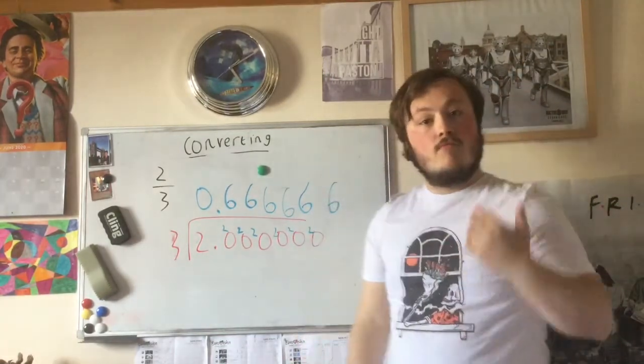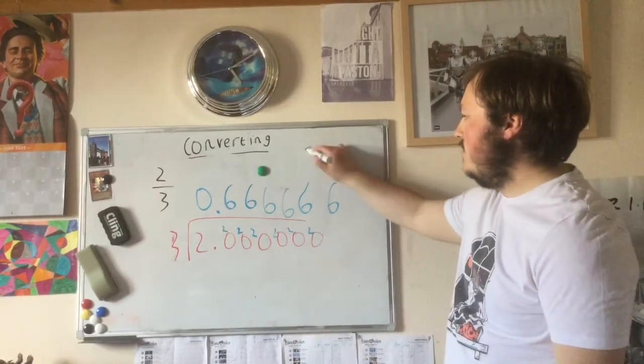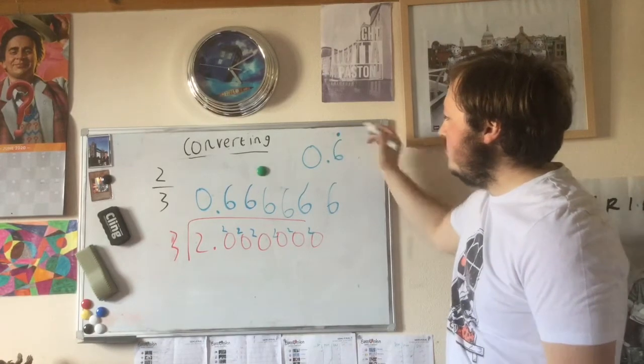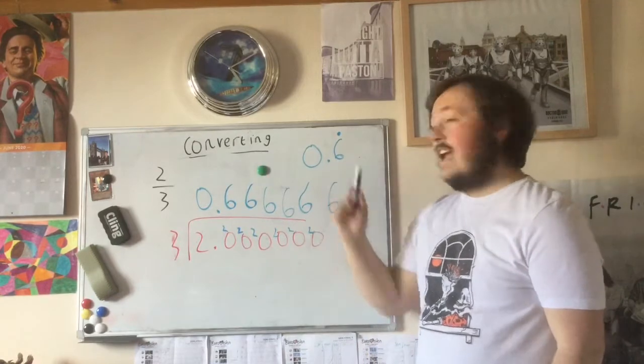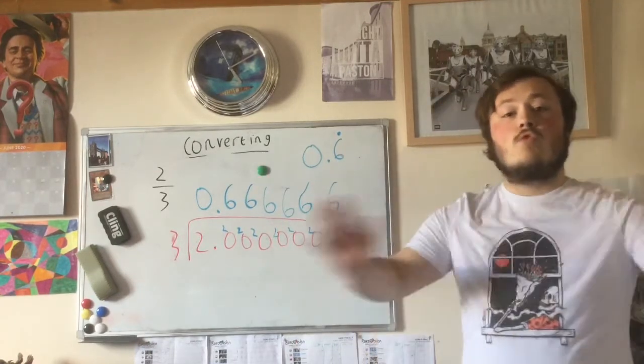So how do we write it? Well, the way I write it is 0.6 with a little dot on the top. That dot tells us that the 6 is the decimal that will be recurring.